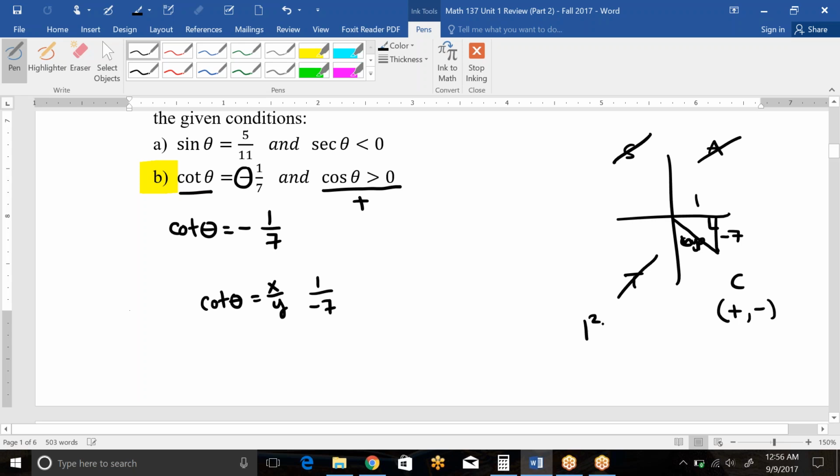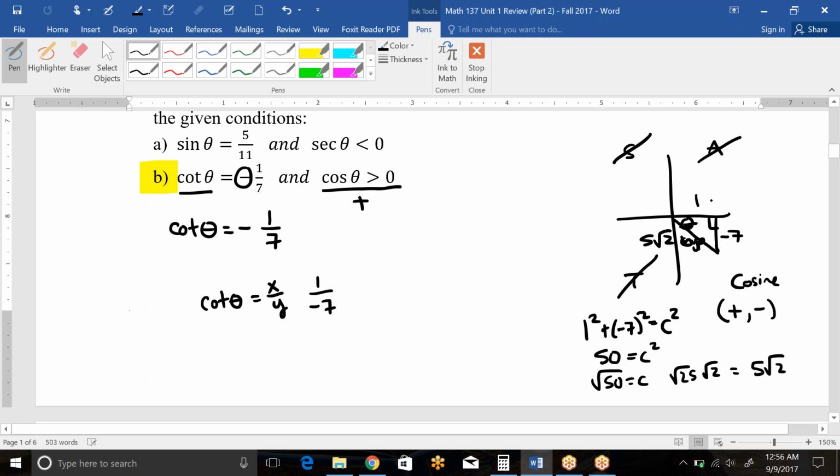So this would be 1 squared plus -7 squared equals c squared. So remember, this is for cosine, by the way. So this is 50 equals c squared. So that would be square root of 50, and that reduces to square root of 25 and square root of 2. So 5 square root of 2. So this side down here is 5 square root of 2.